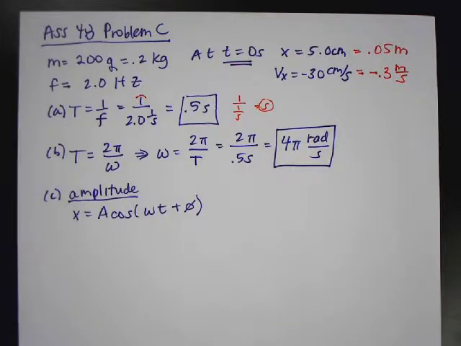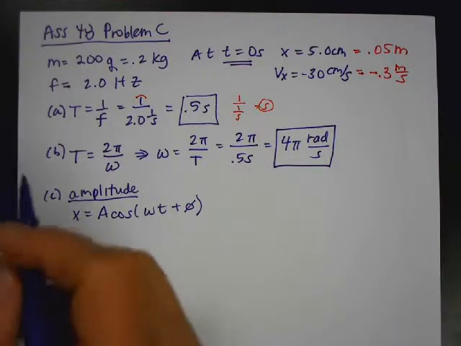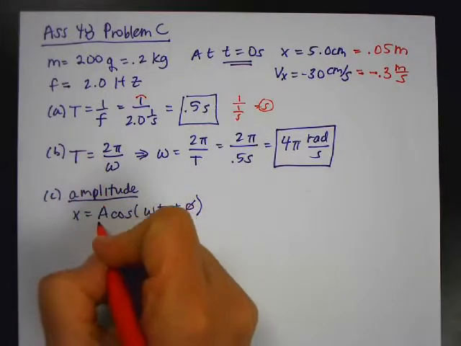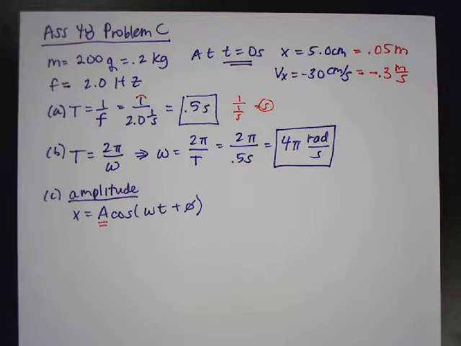We want to find the amplitude, so the amplitude is A. Now, maybe there's more than one way to do this problem. When I'm doing a problem, sometimes there can be 2 or 3 ways to do it. You should always stick with the first way that comes into your head. Okay?